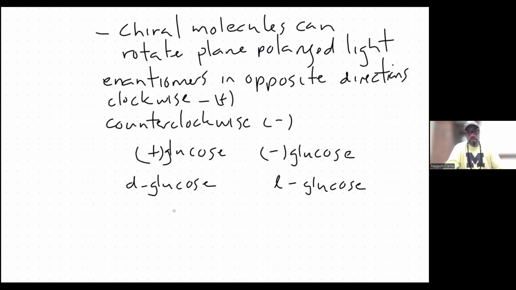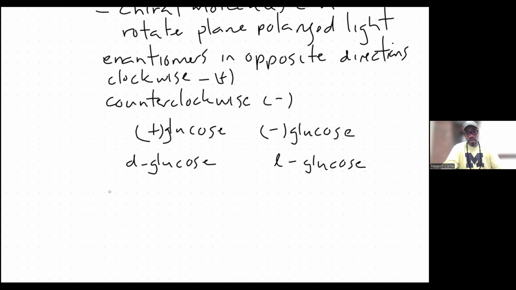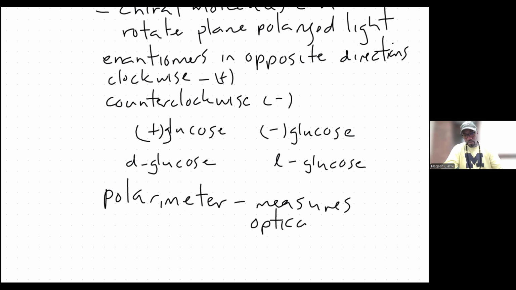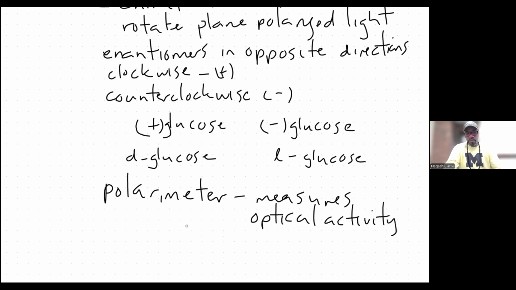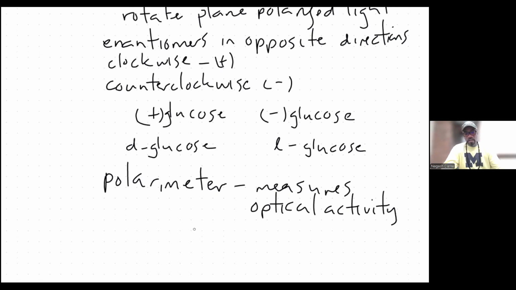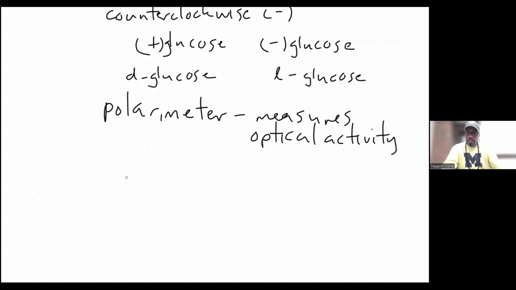Okay, so there's an instrument called a polarimeter, and that measures optical activity. So we can look at molecules and judge whether they're optically active or not.